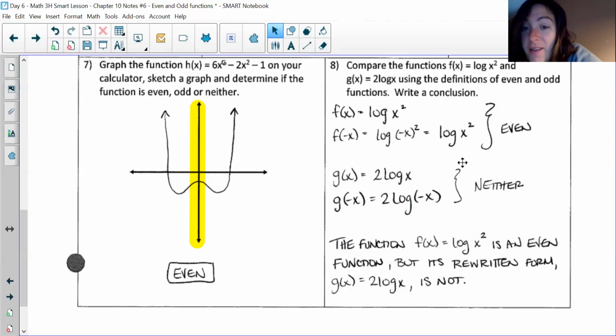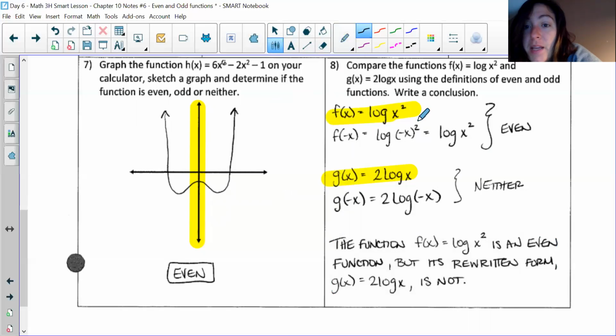Interesting, right? Because using properties of logs, this and this should be exactly the same, but if we're going back to just plain graphs, that's not necessarily the case. This graph here and this graph here are not the same graphs.